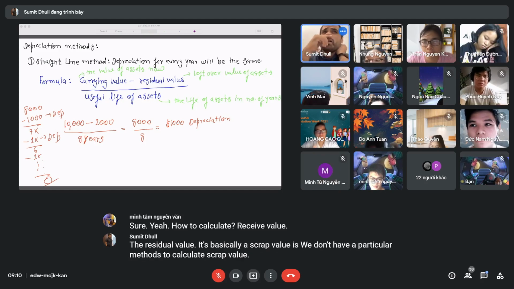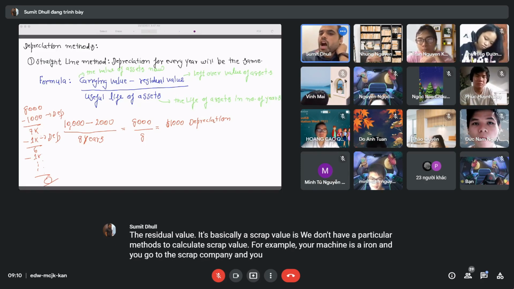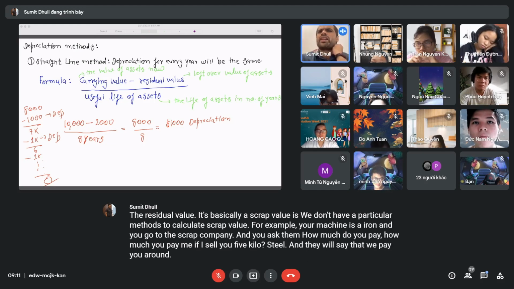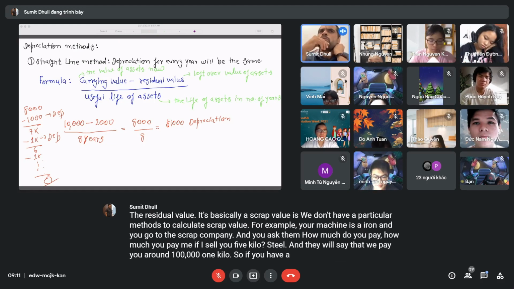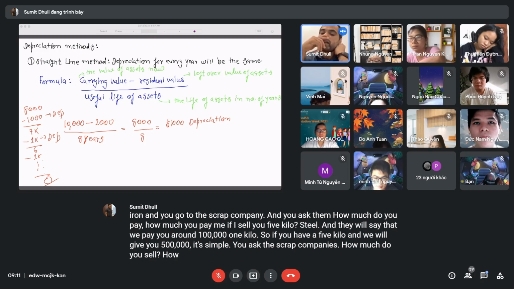For example, your machine is iron, and you go to the scrap company and ask them, how much do you pay me if I sell you 5 kilos of steel? And they will say that we pay you around 100,000 per kilo. So if you have 5 kilos, then we will give you 500,000. It's simple. You ask the scrap companies how much they charge.